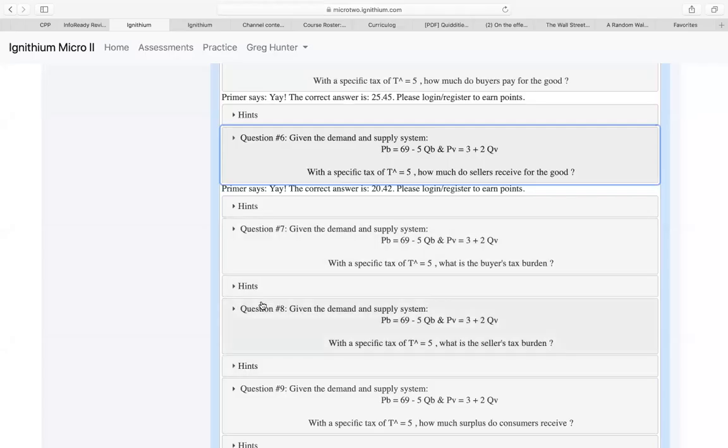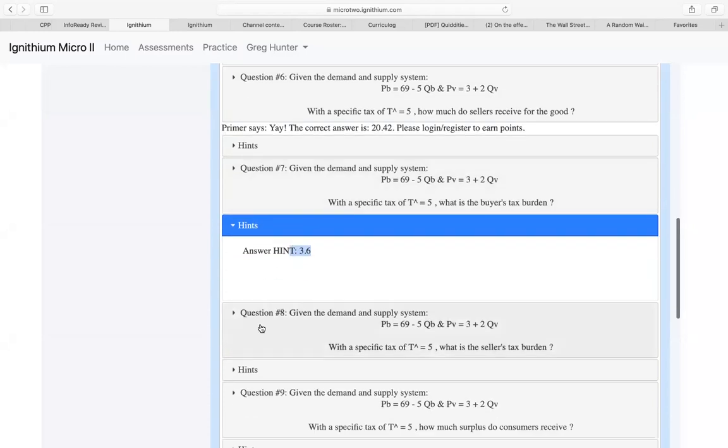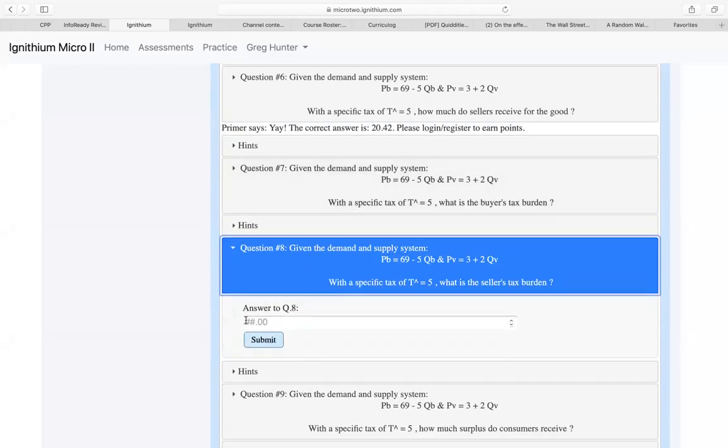And so what's the buyer's tax burden? Did you all get 3.6? Yes. Anybody get something different? No. And so what's the seller's tax burden? Jeffrey Lee. I got 1.4.